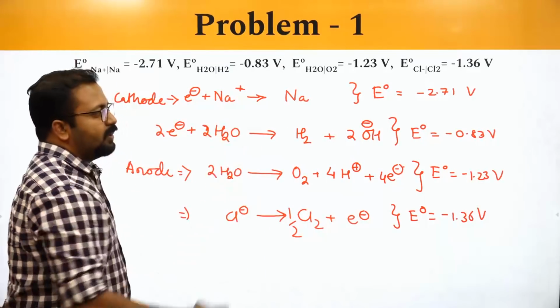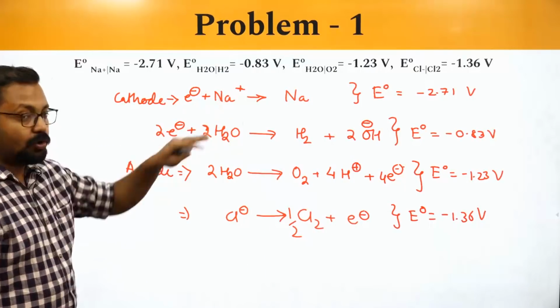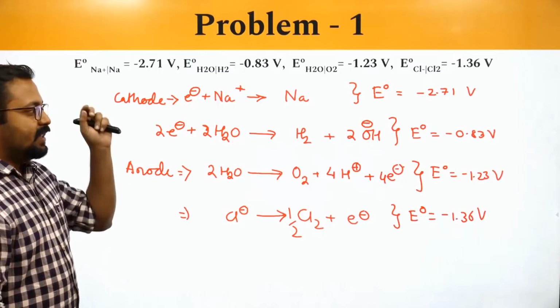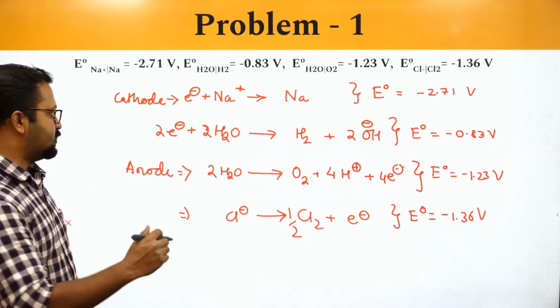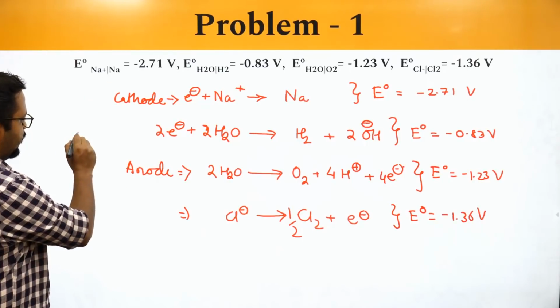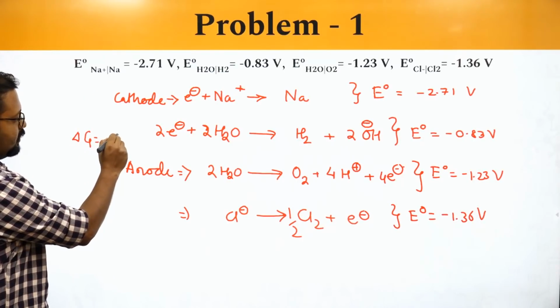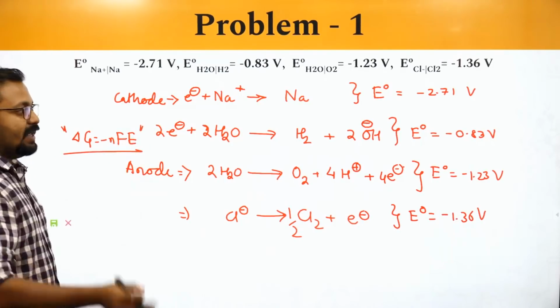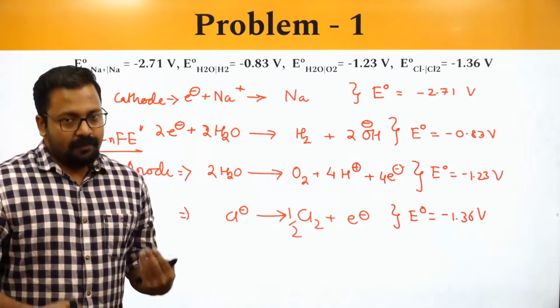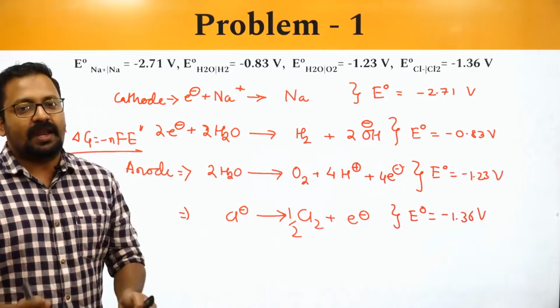Now, if I look at the feasible reactions at the cathode, how do I identify? All of them are negative, so I'll take the least positive delta G, because delta G is equal to minus nFE. I will try to take the least positive delta G, or most negative.